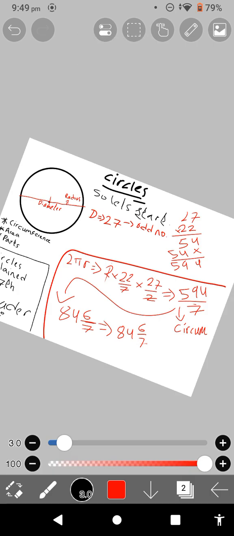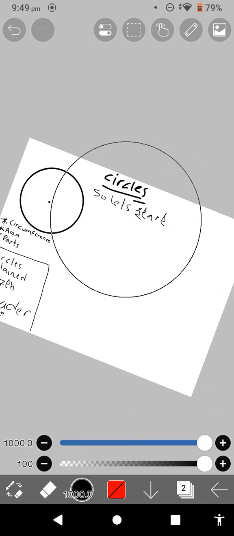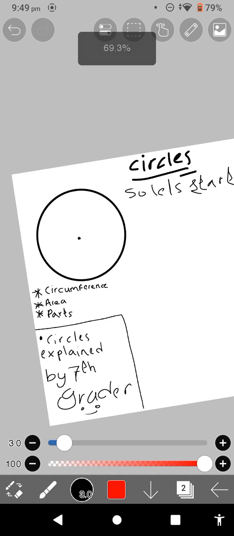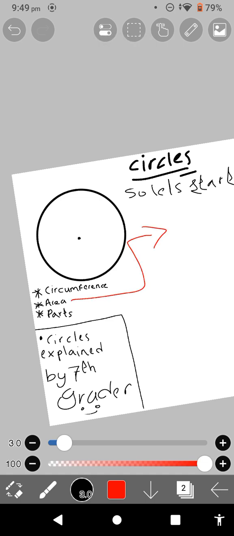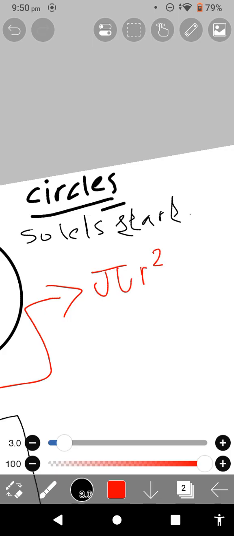Okay, so now that we have cleared the circumference of the circle, let's move on to the area of the circle. The area of the circle is pi r square.